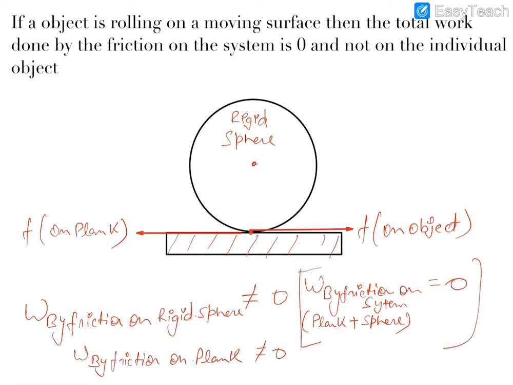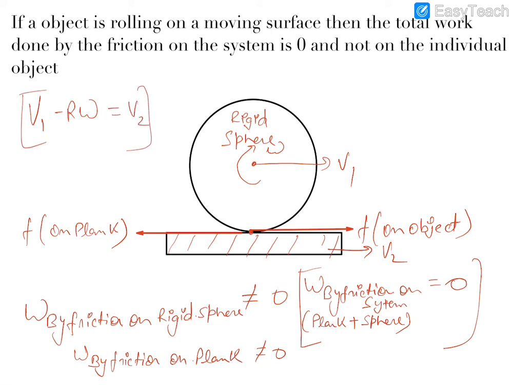For example, if we write down the velocity of its center is v1 and this is omega, and this plank is moving in the forward direction with the velocity v2, then we can say that v1 minus r omega is equal to v2, which means that the velocity of point of contact on this body is in the forward direction, which is equal to v1 minus r omega, and this velocity is also equal to the velocity of point of contact on this plank, which is equal to v2.